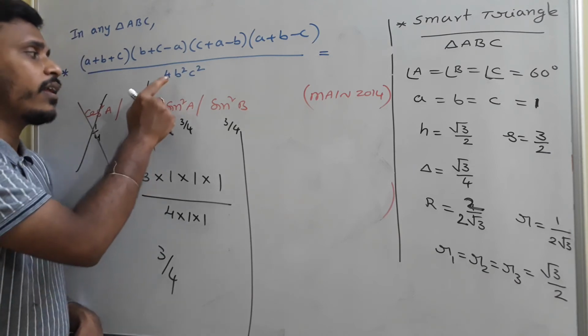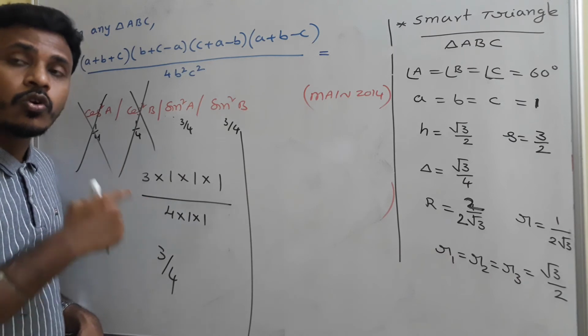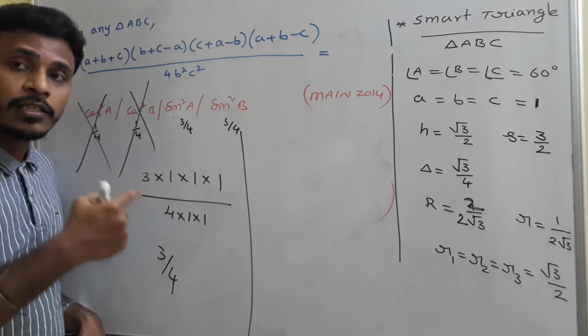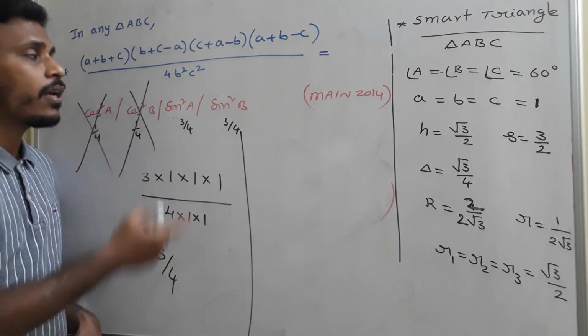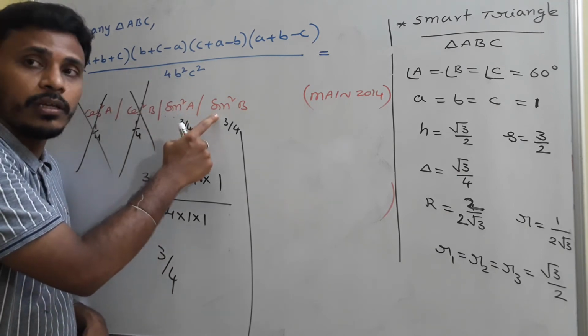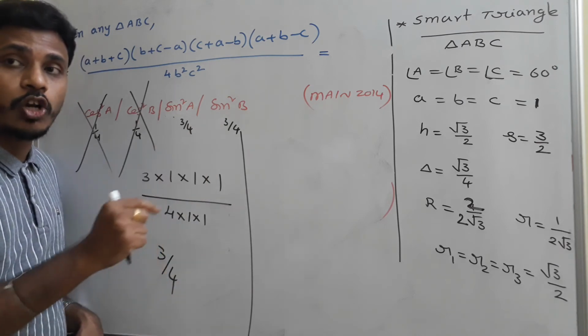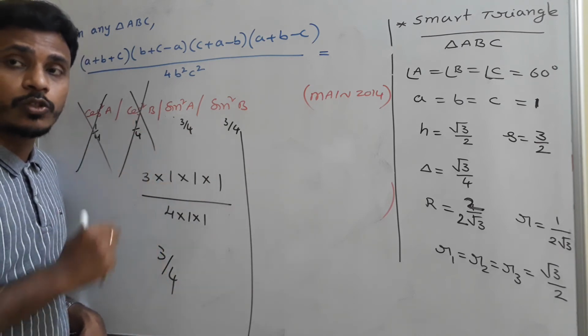See, look there, this is 4b square c square, right? Already I mentioned that all these properties of triangle concepts follow a symmetrical pattern. Since it is 4b square c square, if your answer is sin square b, then there is a chance it could be sin square c also. But that is not correct, because sin square b and sin square c are not equal.